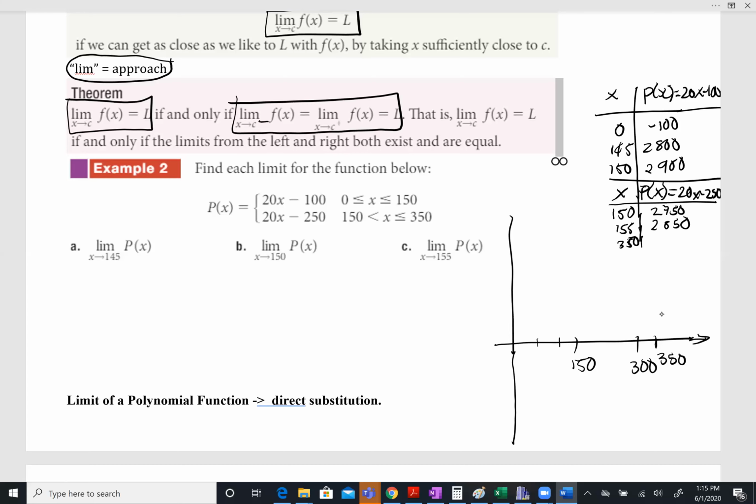And the last one is 350. It's going to be 350 times 20 minus 250, which is 6750. Wow, this is a little bit big, but let's see how I can handle this.